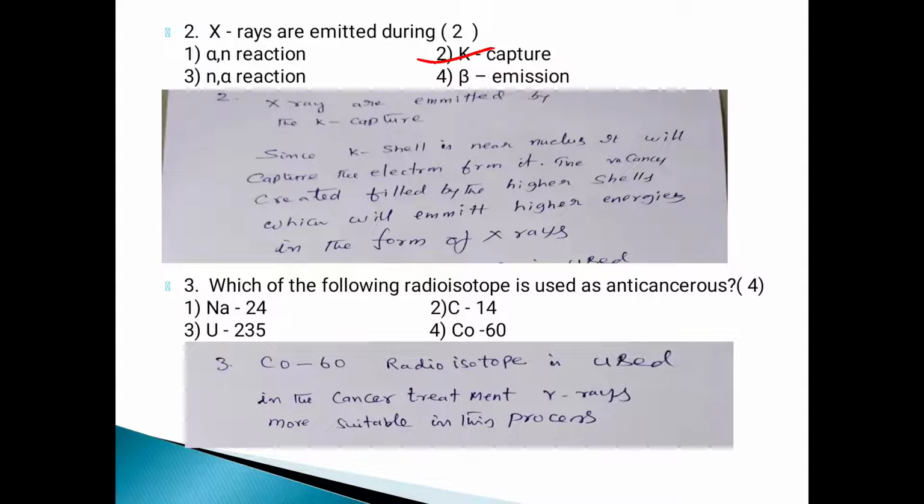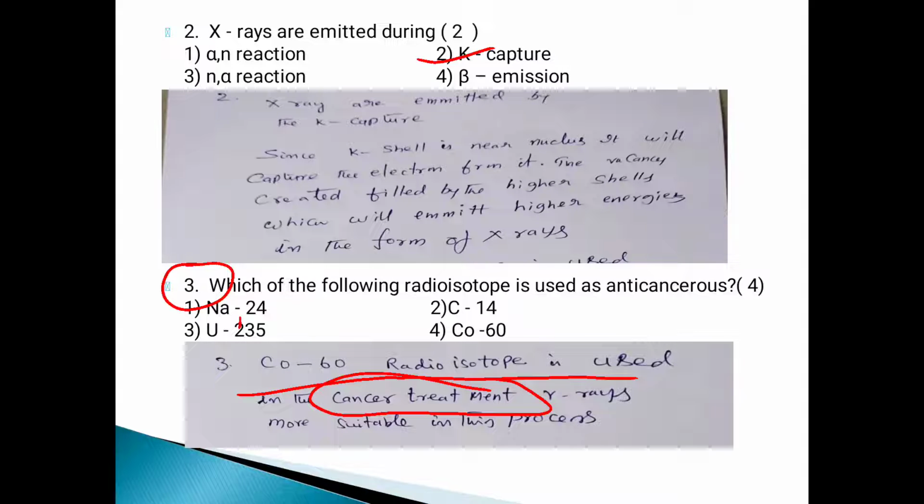Now going to question 3: which of the following radioisotopes is used as an anti-cancerous agent? Here all are radioisotopes, and all radioactive rays have high energies, but for cancer treatment we have to use a ray which has sufficient energy to kill the cancer cells and should not damage the surrounding healthy cells. That is most important.